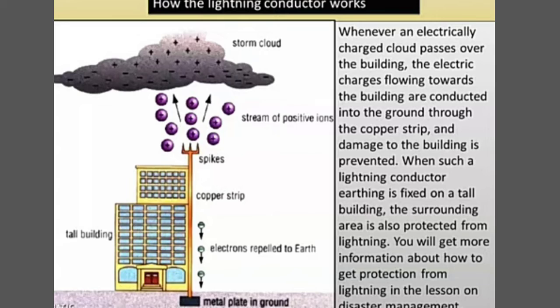When such a lightning conductor earthing is fixed on a tall building, the surrounding area is also protected from lightning. You will see more information about how to get protection from lightning in lesson number 10, that is, disaster management.